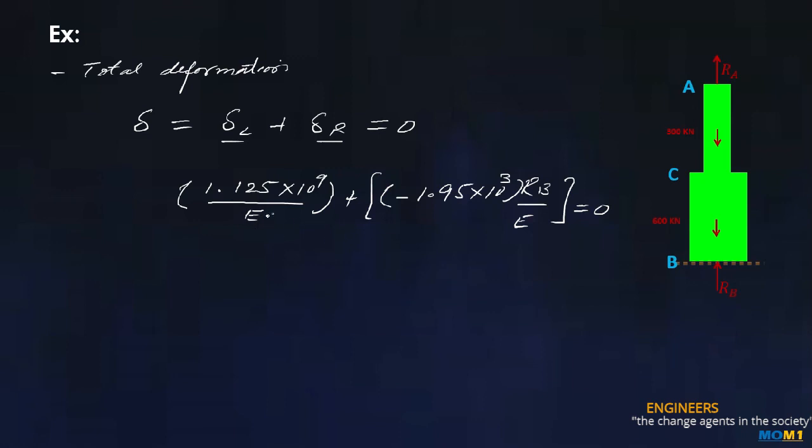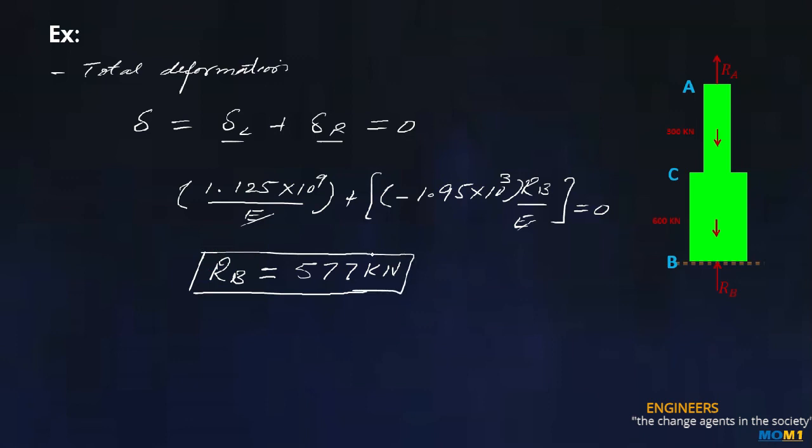Now after solving this, we get the value of RB, that is going to be 577 kilonewton. That is in fact the reaction at B.